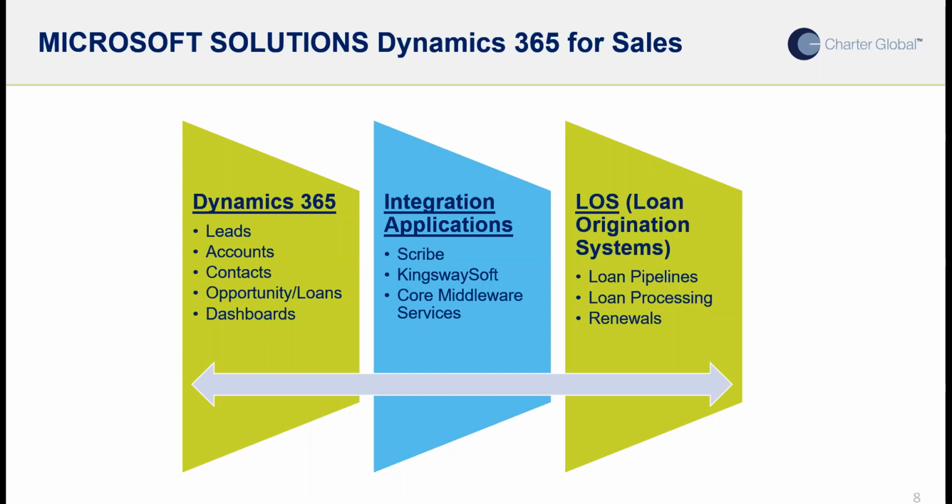With the help of applications such as Scribe, Kingsway, or any of your existing middleware services, we can easily push data to loan systems in order to perform loan processing, renewals, or any kind of required approvals. The complete process will have the capabilities to keep the data in sync between the LOS and Dynamics 365. This will enable us to get a 360-degree view of customer progress.